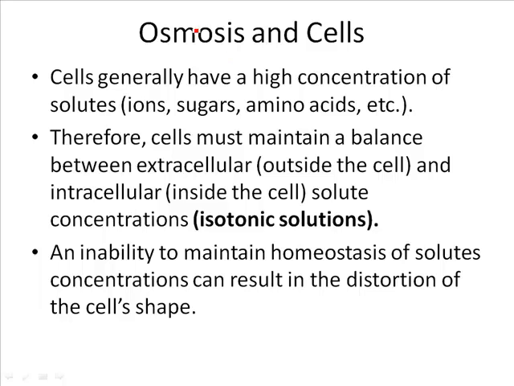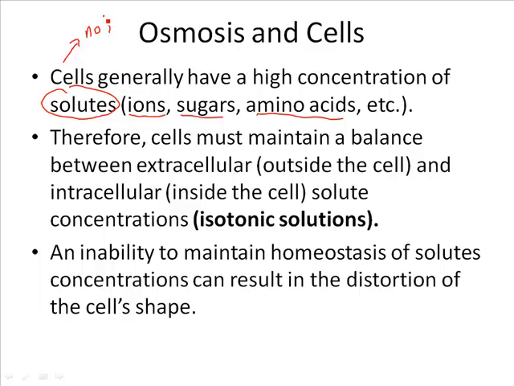Now, let's first establish that cells have a certain concentration of ions in the cytoplasm, a certain concentration of sugars, amino acids, etc. So cells have solutes. Now, because it has solutes, are cells always going to be hypertonic in nature? The answer is no. Cells are not always hypertonic.